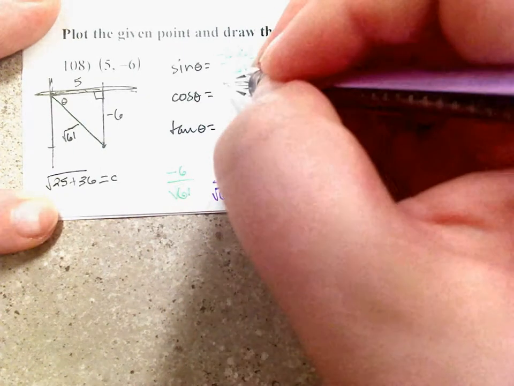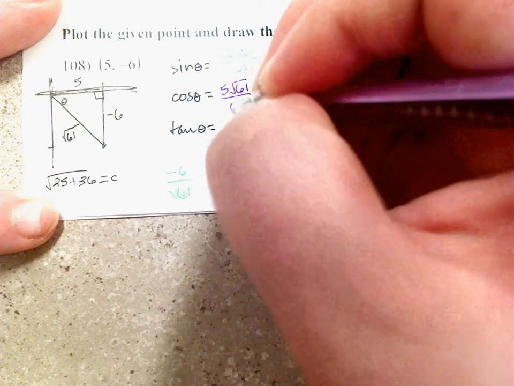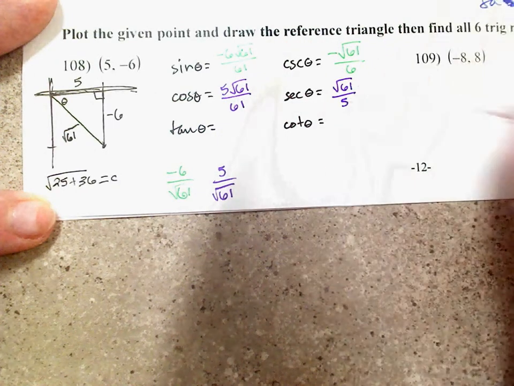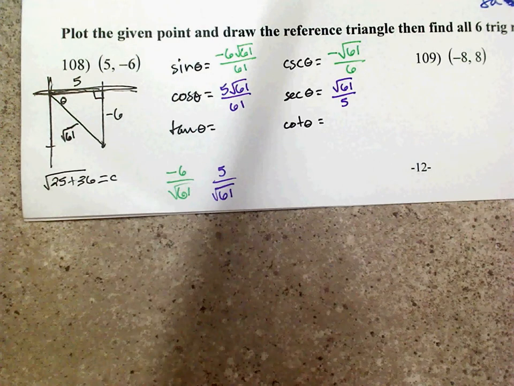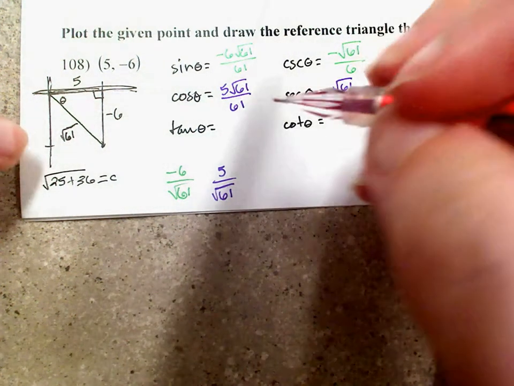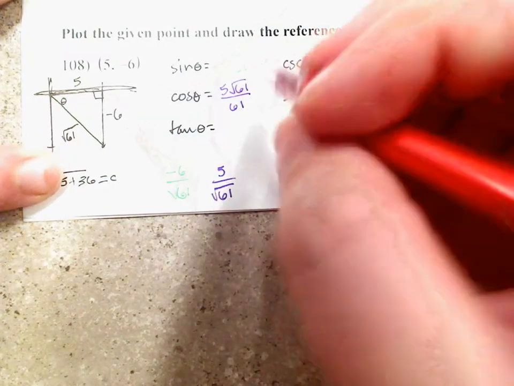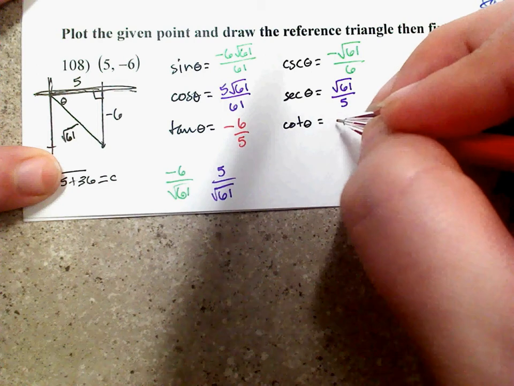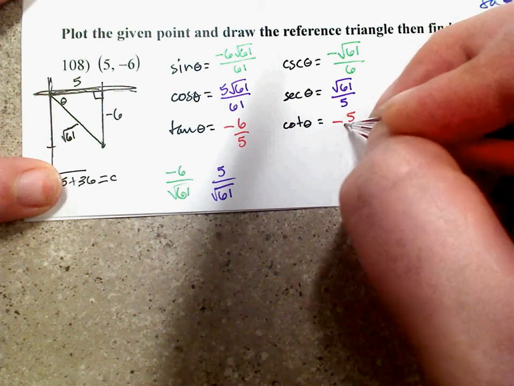Same thing, we're going to rationalize: 5 square roots of 61 over 61. And then to flip it, I've got the square root of 61 over 5 for secant. And then tangent. Tangent is opposite over adjacent, so that is negative 6 over 5, which means cotangent is adjacent over opposite, 5 over negative 6, or negative 5/6.